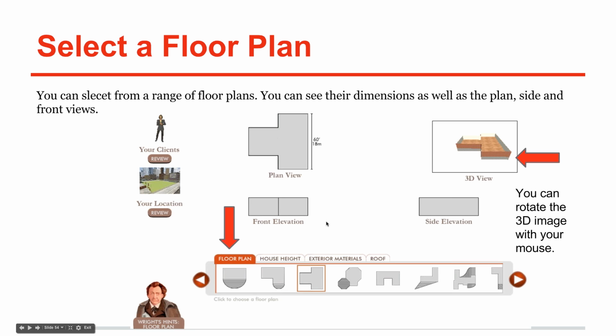Now, after you choose your client and location, if you want to view them, they are right here off to the sides if you would like to change those. You have your extra hints down below with the Frank Lloyd Wright, and that's for everything. You always will have that there. Okay?